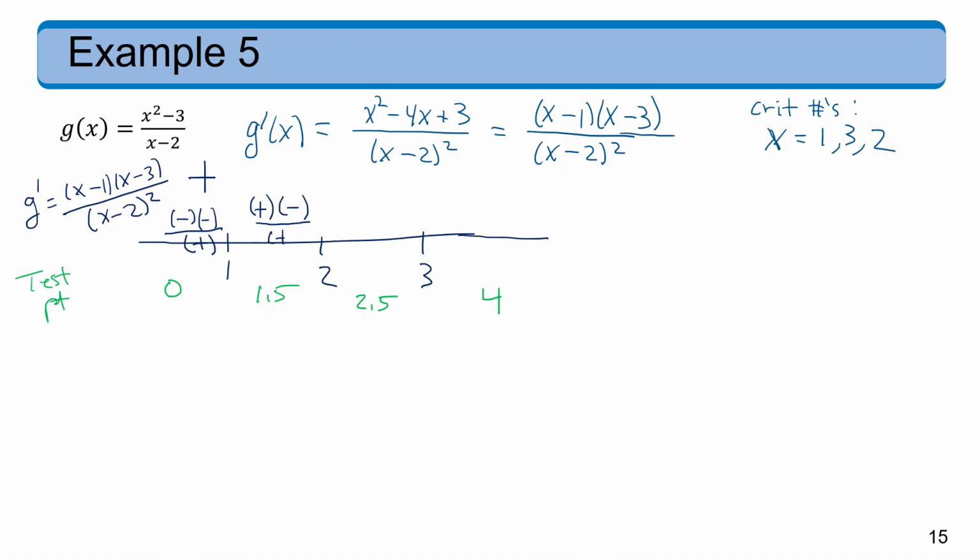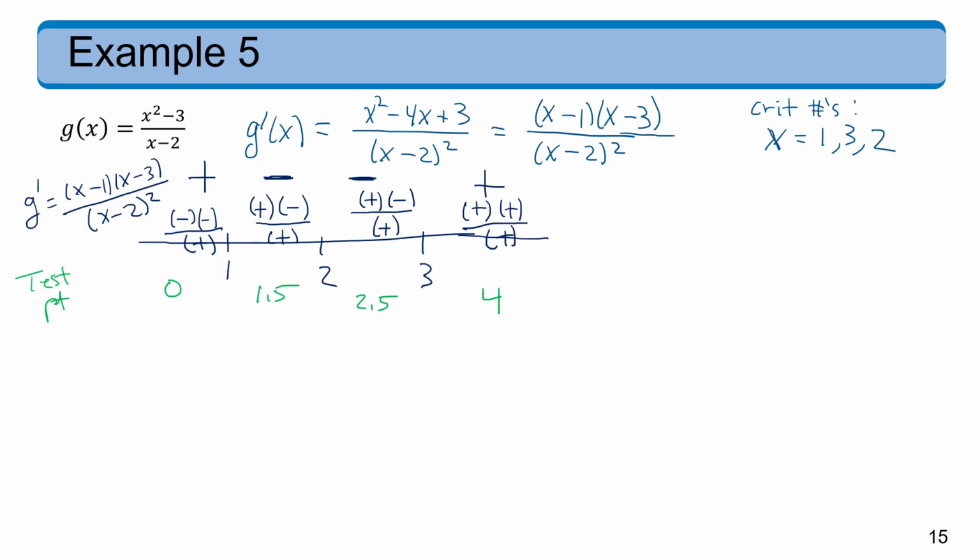Denominator is always positive, so those 3 combine to make a negative number. When we plug in 2.5, in the numerator, we'll have plus and minus. Denominator is always plus. Those 3 make a negative. And then finally, when we plug in 4, everything is going to be positive. So of course the overall result will be positive.